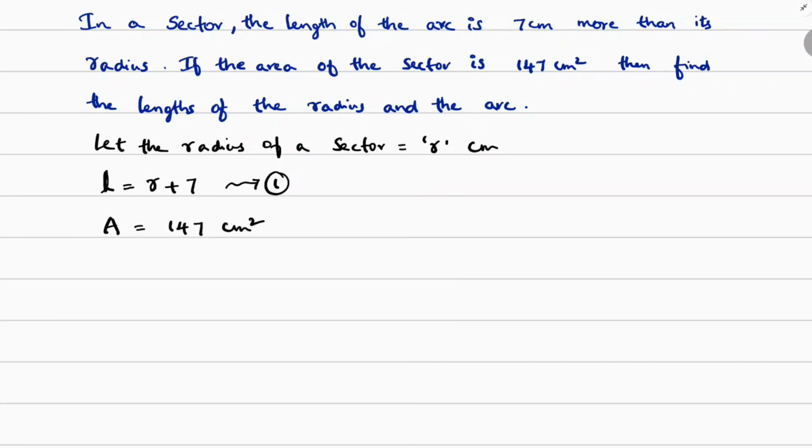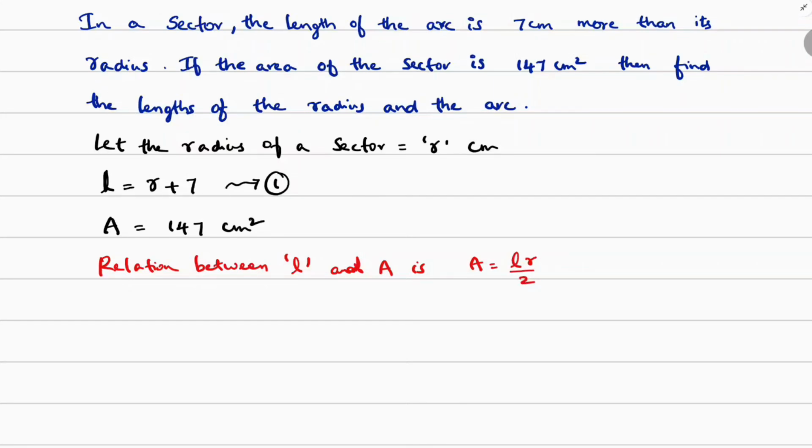Now here the relationship between length of an arc and area is A equals LR by 2.